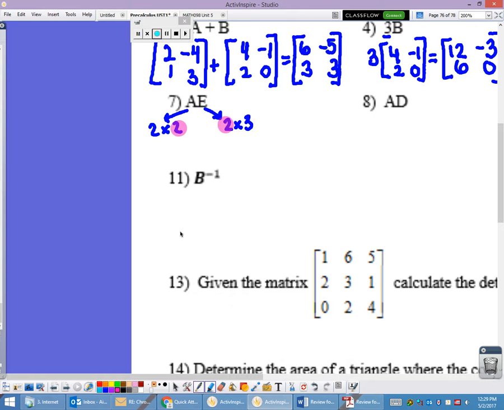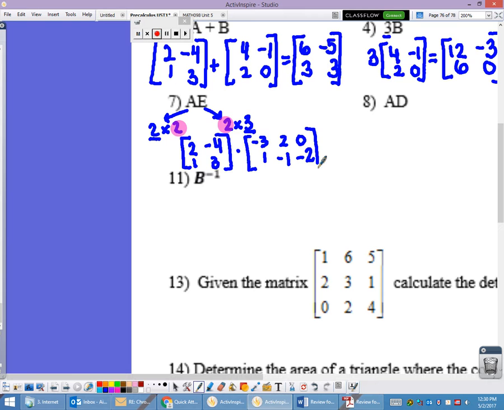And since they do, I know that my final matrix is going to be a 2 by 3 matrix. Okay? So we're going to set this up. We're going to put A first, and then we're going to multiply it by matrix E. And matrix E is negative 3, 2, 0, and 1, negative 1, and negative 2.